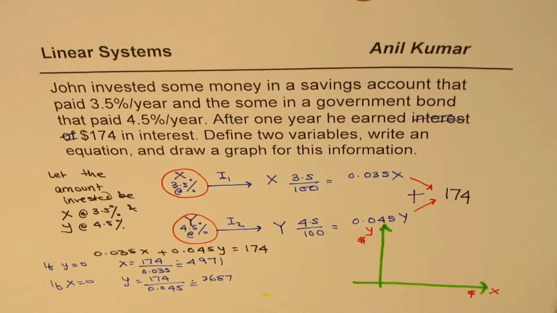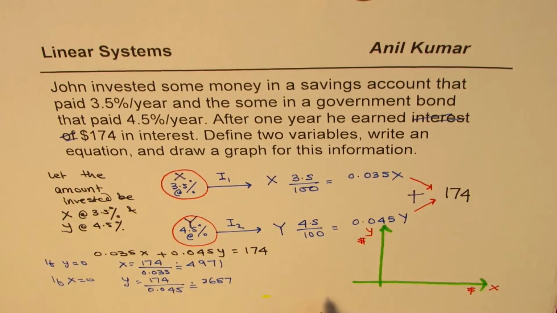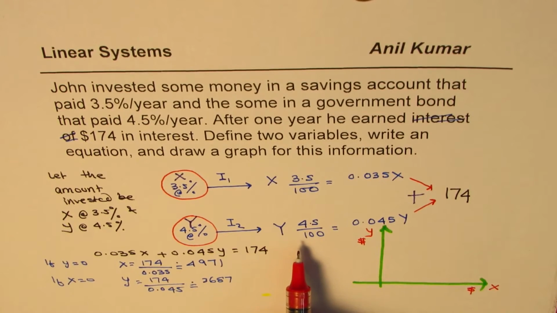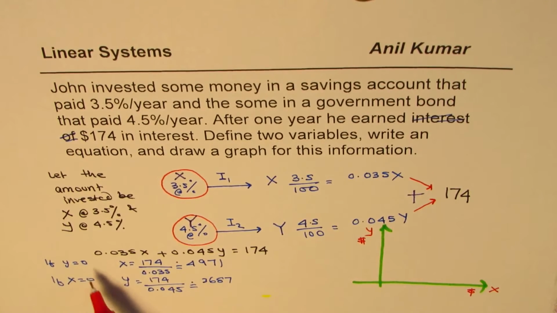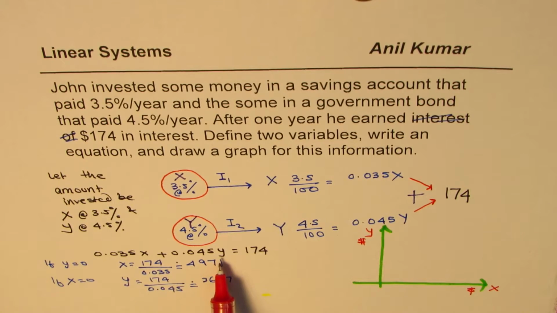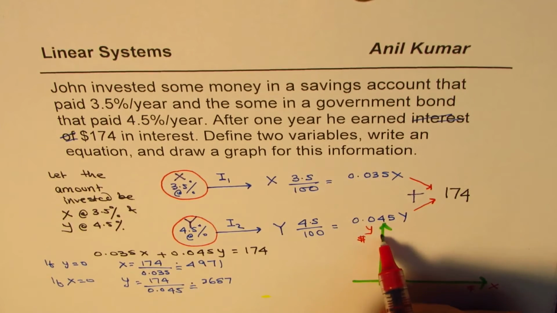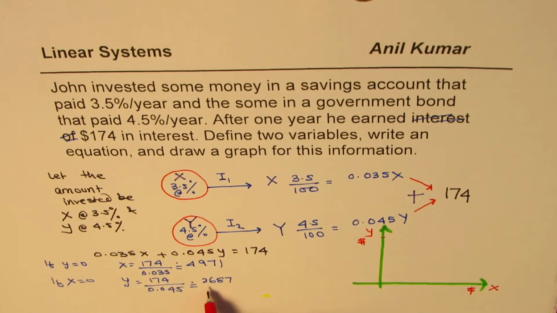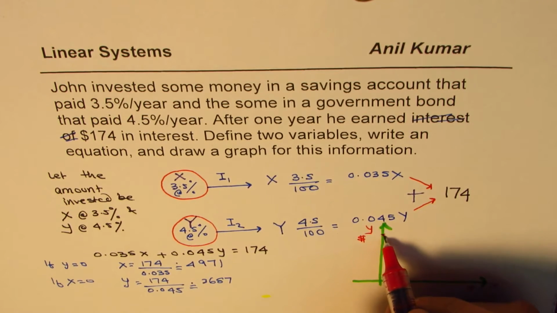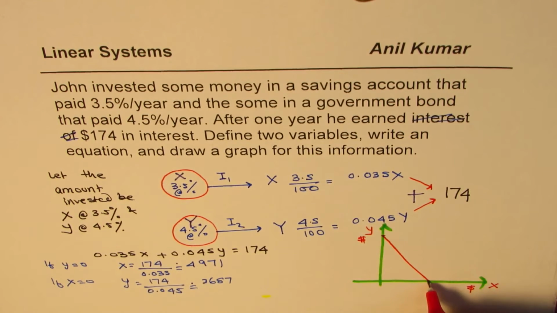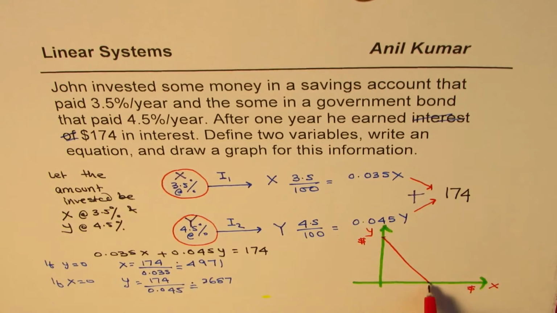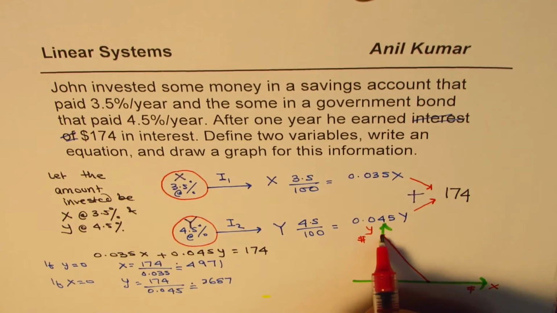In that case, the graph which represents this particular relation is the x and y intercepts joined with a straight line, since this represents a linear relation, correct? So we have an intercept of around 5,000 and another around 3,900. So now we can draw a graph which will kind of look like this, right? So that is what is going to represent the given situation.